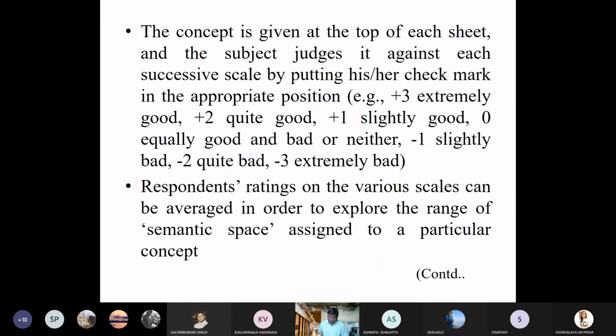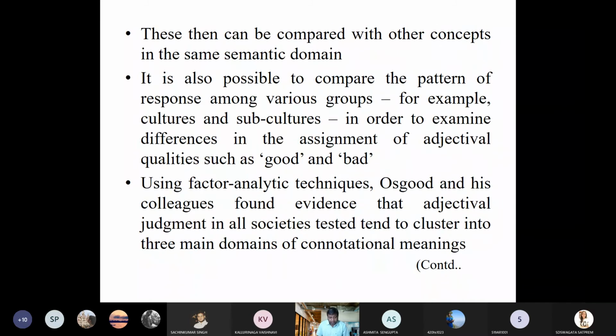So that should be looked into very seriously. This can then be compared with other concepts in the same semantic domain. It is also possible to compare the pattern of response among various groups, for example culture and subculture, in order to examine differences in the assignments of adjectival qualities such as good and bad.